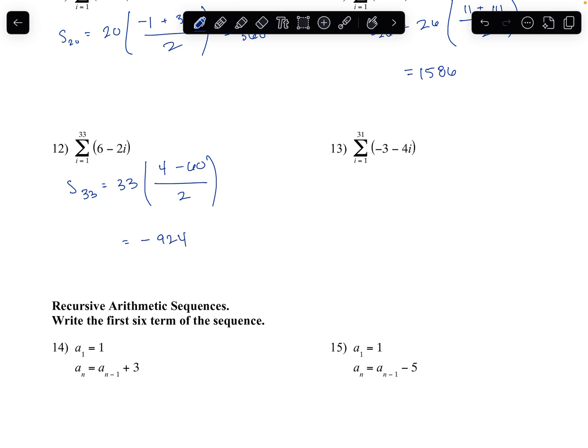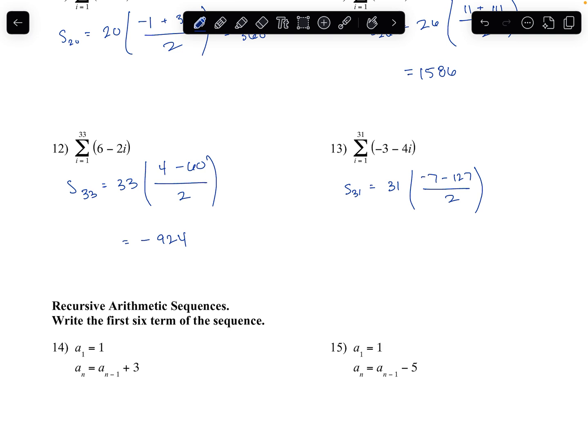924. For the next one, we're going to do S sub 31, which will be equal to 31. And then we're going to plug in 1. So negative 1 minus 4, that's negative 7. Then we're going to plug in 31. So we're going to have negative 3, and then we're going to subtract 4 times 31, and I have minus 127.